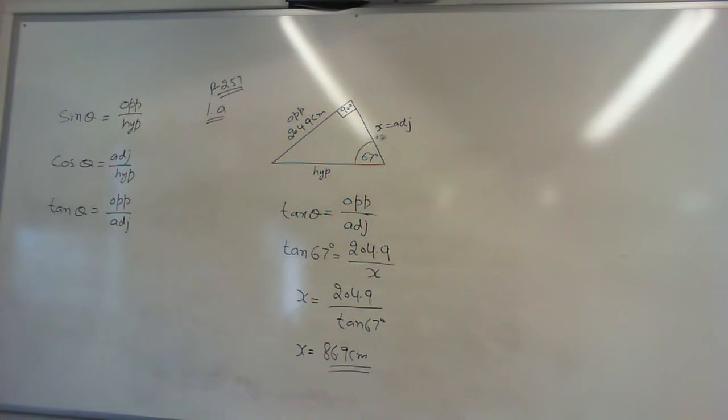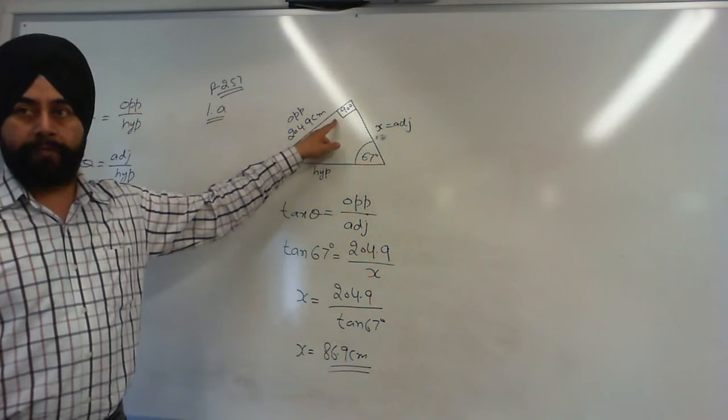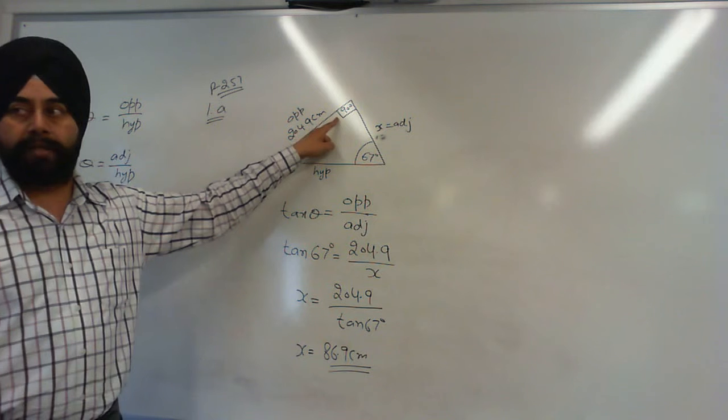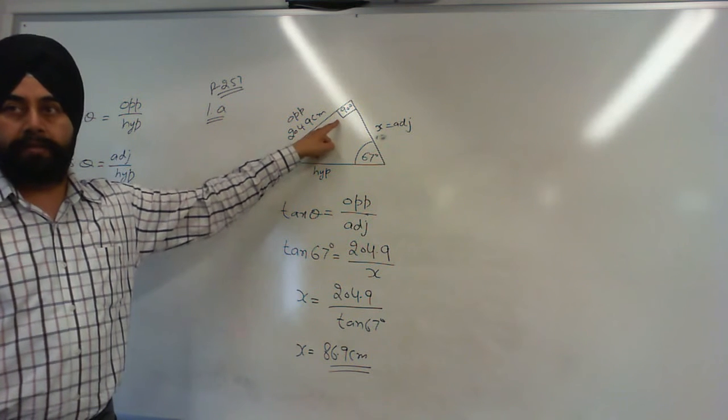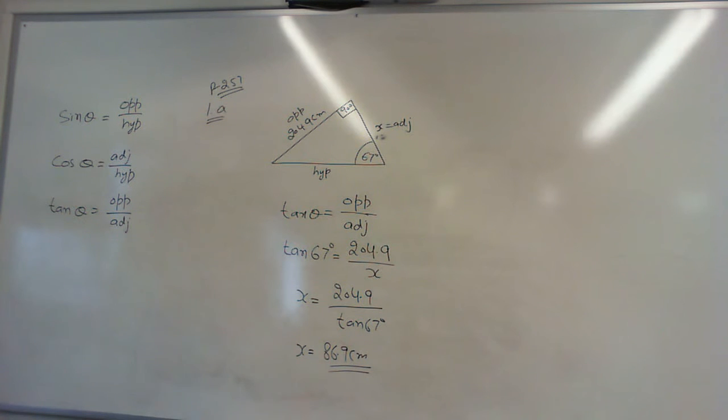That's your answer. So that's how you find the unknown value using one of these formulas. But remember, you can apply these formulas only to a right angle triangle. One of the angles must be 90 degrees to use these three formulas. If it's a triangle that has no angle equal to 90 degrees, you can't use these formulas.